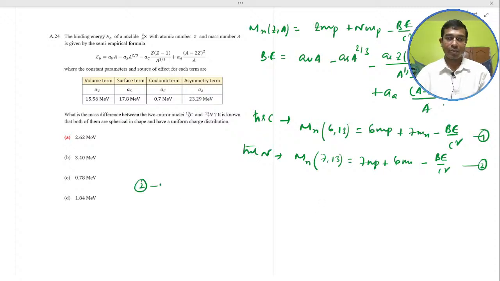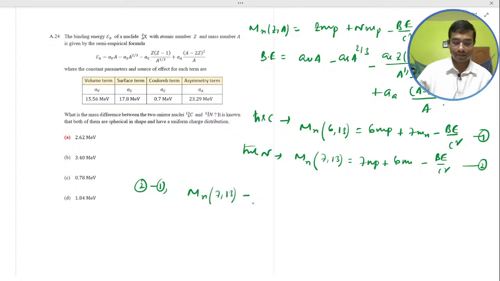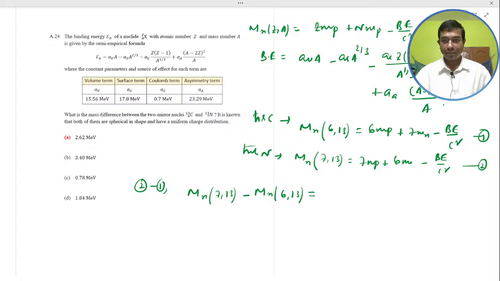So now, equation 2 minus equation 1, you would get the M of nitrogen 13 minus M of carbon 13. This is equal to Mn minus Mp plus a_c (7 square minus 7 minus 6 square plus 6) divided by c square. Put this value.